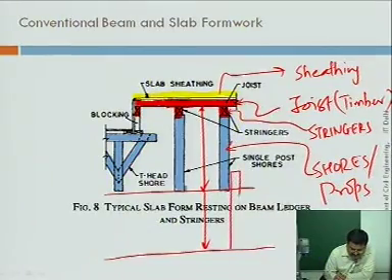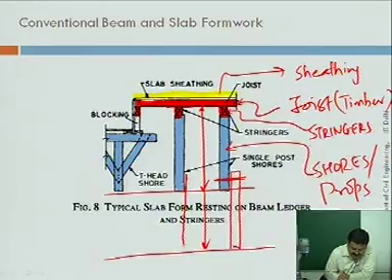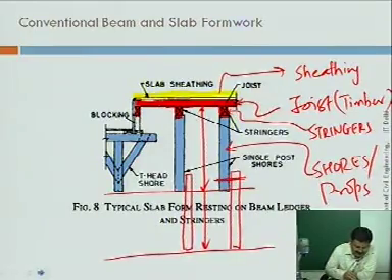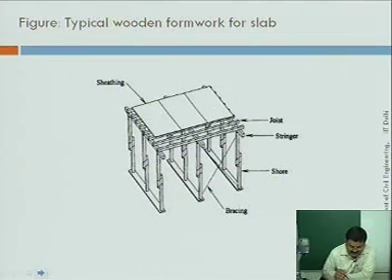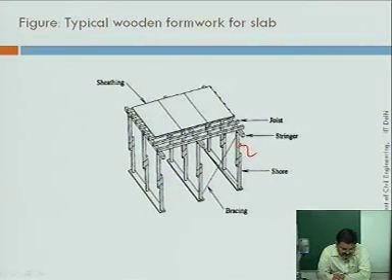So one shore is here, another shore is here, they are clamped. I will show you some other sketch through which it will be clear. For example, you can notice these two shores, they are connected with each other. Can you see this, technology class?